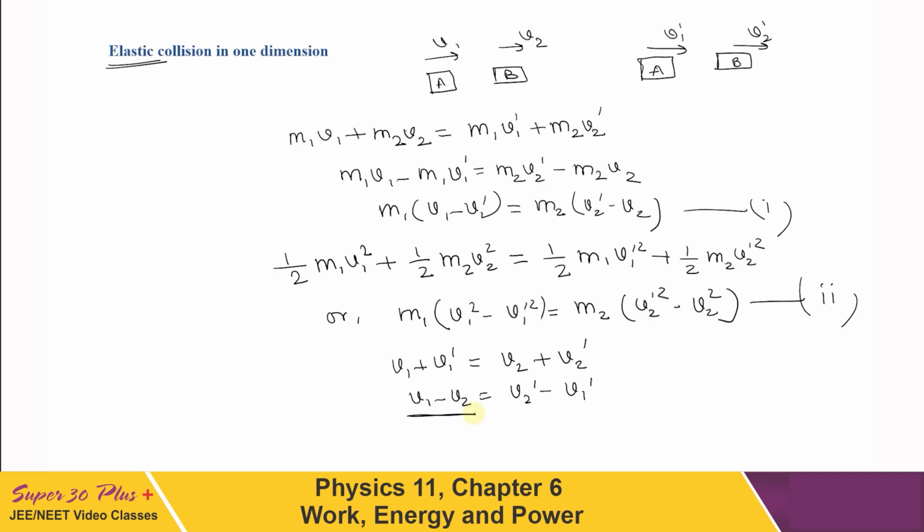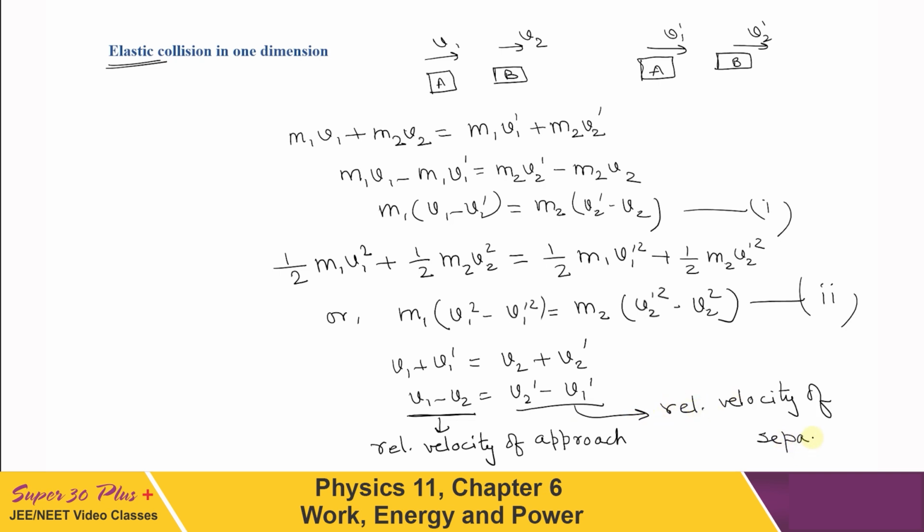So this is known as the relative velocity of approach, because with this rate the separation between the bodies is decreasing with time before collision. What about the other term? It is v2 dash minus v1 dash, the rate at which separation is increasing with time after collision. So this is known as the relative velocity of separation.